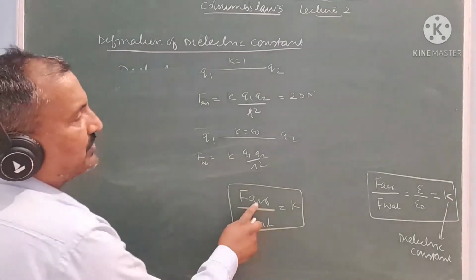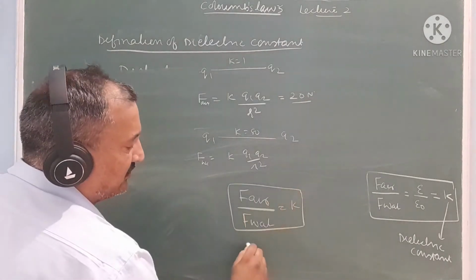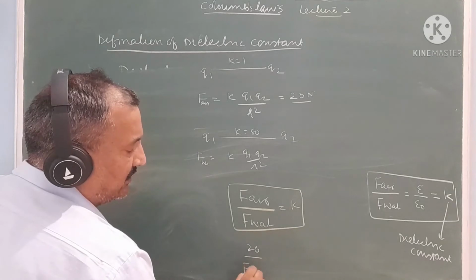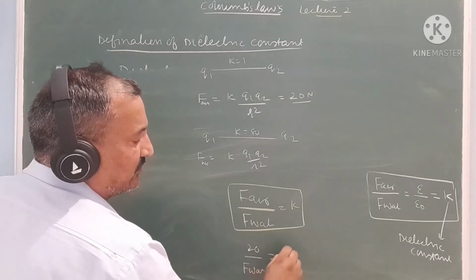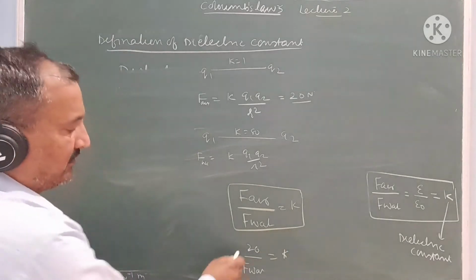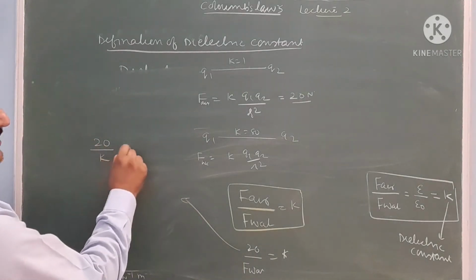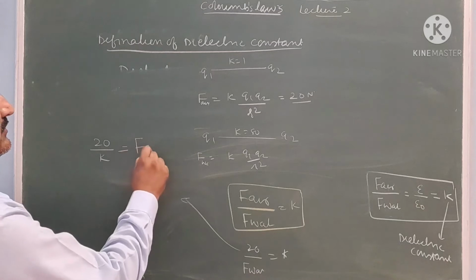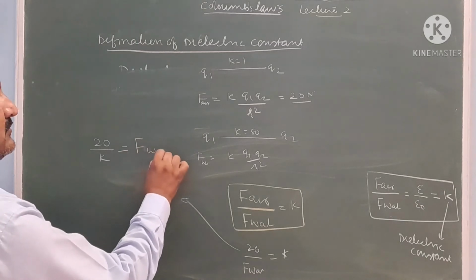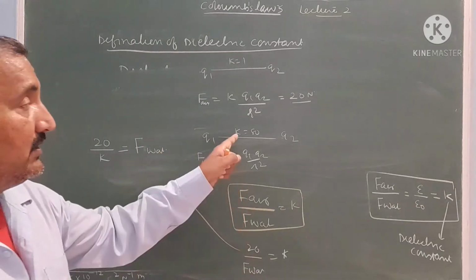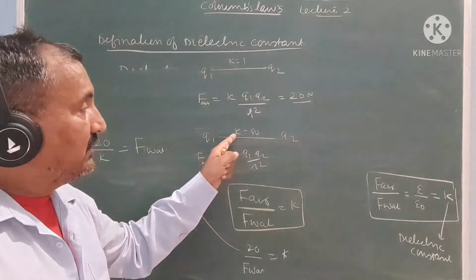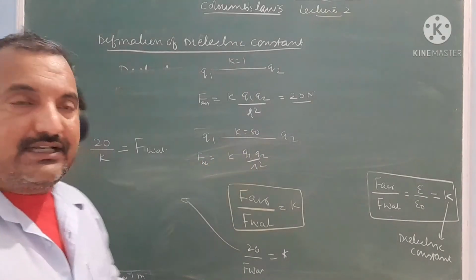So what is the force in air? That is 20 Newton. The force in water is F air divided by K. Therefore 20 divided by K is equal to F water. What is the dielectric constant of water? That is 80.